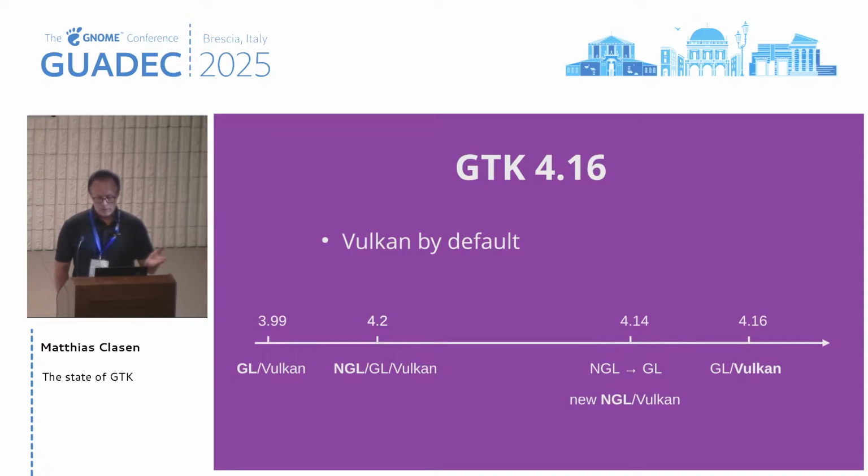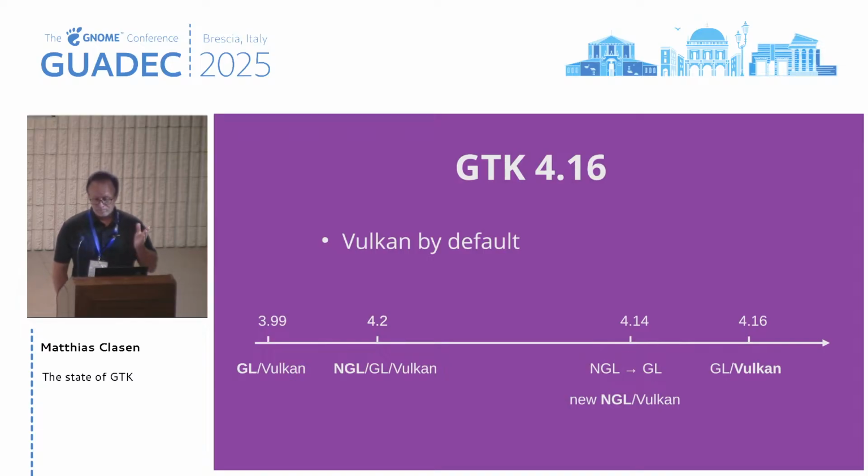And then we kept going, and in 4.14, we introduced a new framework Benjamin worked on, which he called the GPU renderers, which is basically a unified code base that we use for both GL and for Vulkan. So it's kind of abstracted away a little more. In 4.14, we brought that in, and we replaced the old GL and Vulkan renderer with new ones that were based on this new code base.